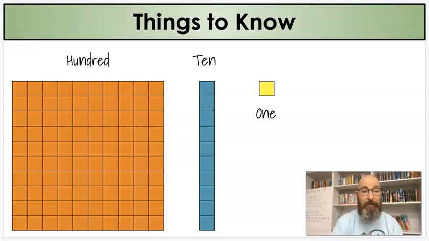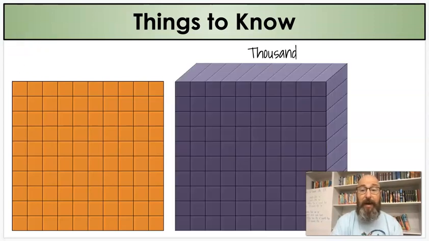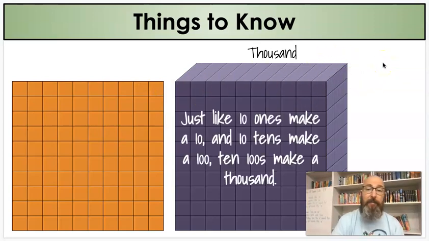Well, what else do we have? We also have 1,000. Now, we're not going to count all those little squares in that whole thing. That's a cube. I know it's a 3D shape. But just like 10 ones make a 10, and 10 tens make 100, 10 100s make 1,000.